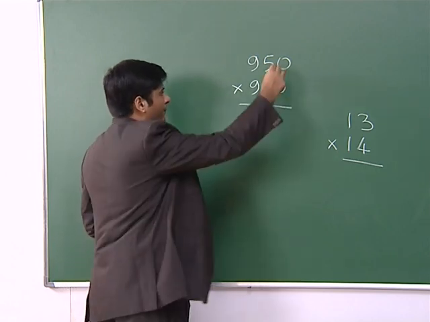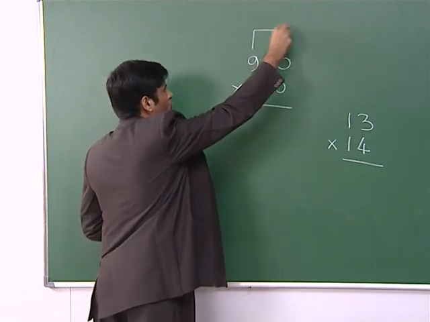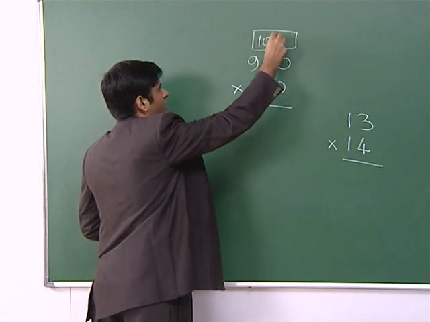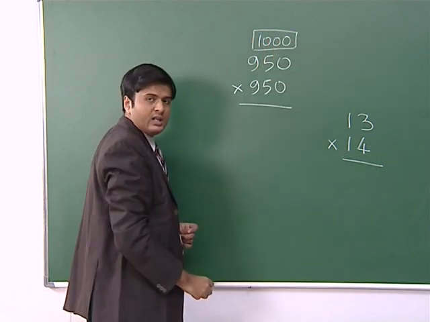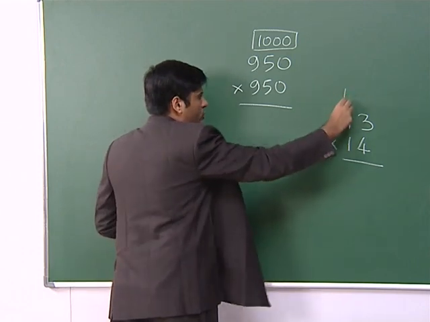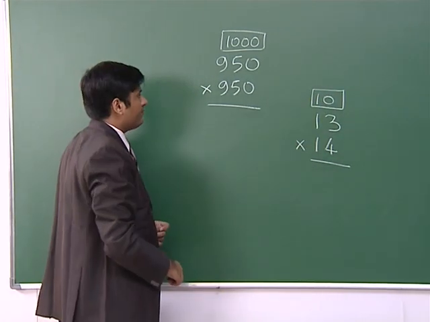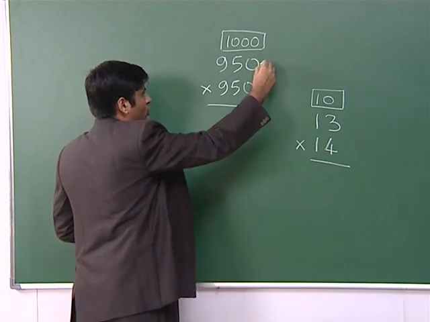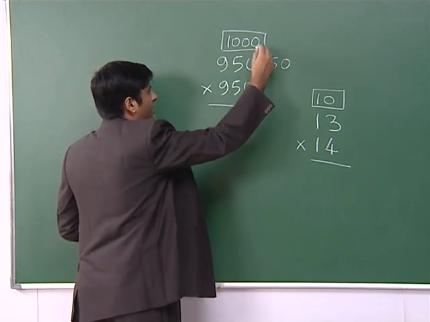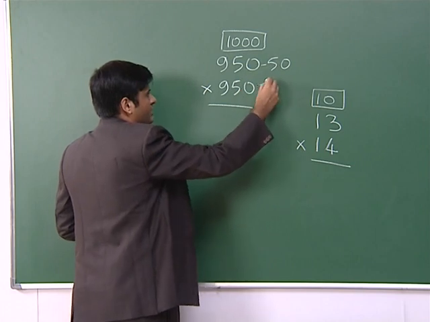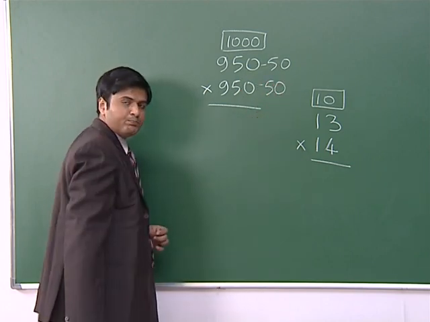We see both these numbers are closer to 1000. So the base is 1000. Both these numbers are closer to 10. So the base is 10. Here the difference between these two numbers is minus 50. Difference between these two numbers is minus 50.